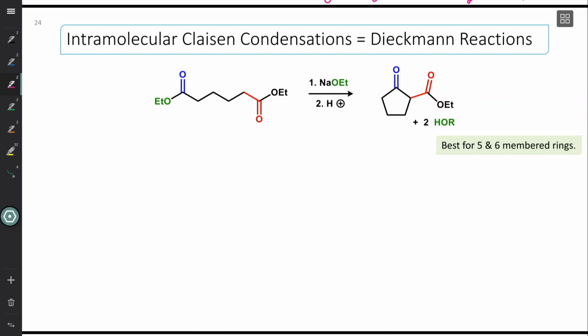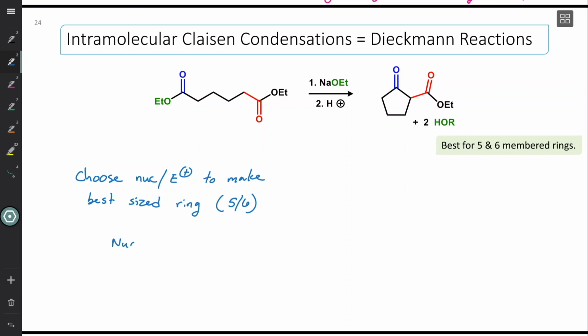Again, you're going to want to choose your nucleophile and electrophile to make the best sized ring, generally 5 or 6, right? That's what you want to be making.